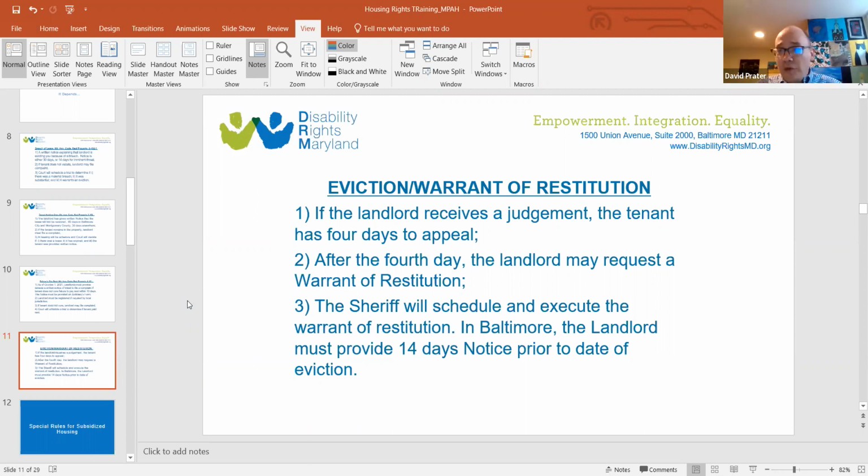So if the tenant has been withholding rent for several months and is ready to put it into an escrow account for the judge to order repairs to be made, then that may be something for them to consider.